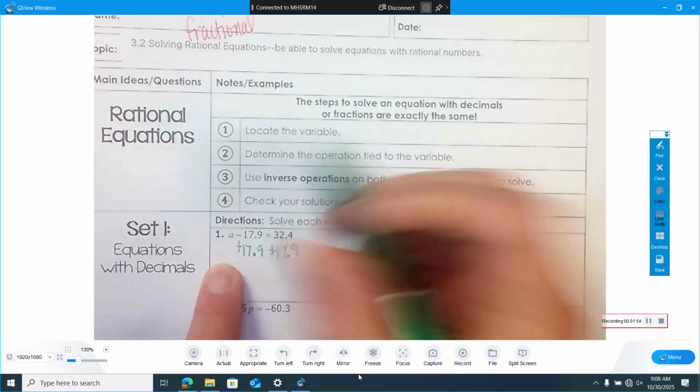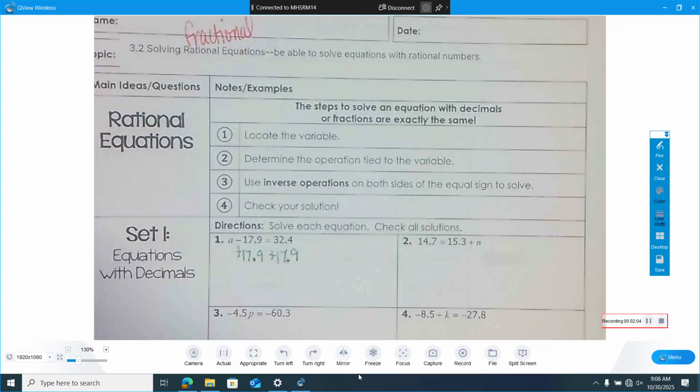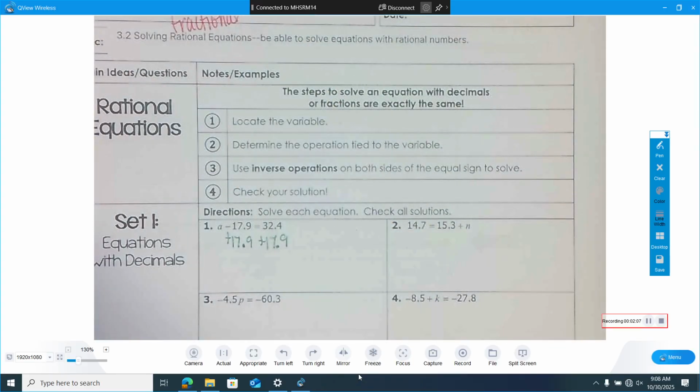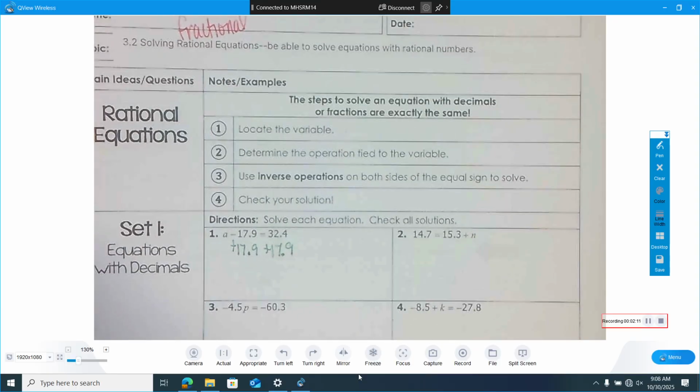On Delta Math, if you're using your calculator, you don't need to show work, that's fine. But in notes, please show your work so you know how to do it later. Not to mention, on test day, you are going to have to show your work. I'm going to look super close. If your work doesn't make sense, then you will not get credit, so please show your work.